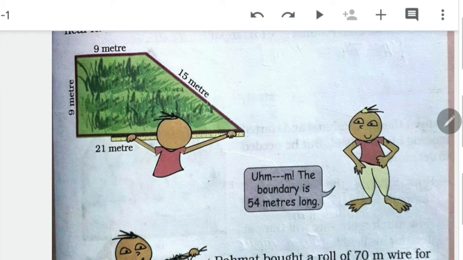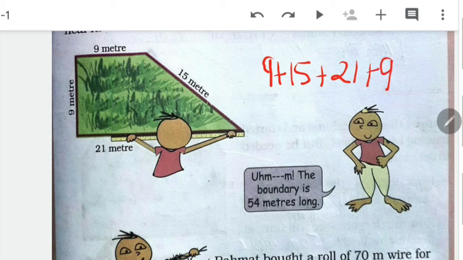So we can also do it to check whether his calculation is correct or not. We have to add 9 with 15 and then 21 and then again 9. After adding them, we will get to know how many meters long the boundary is.